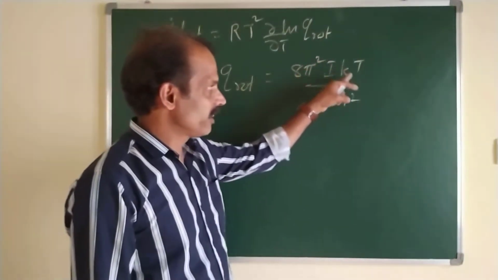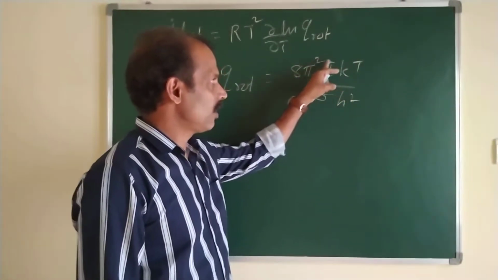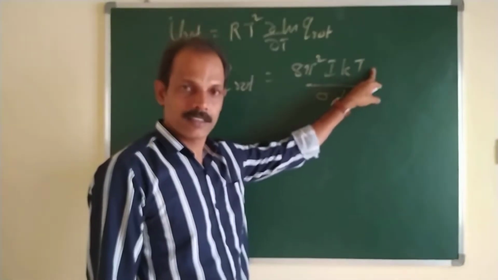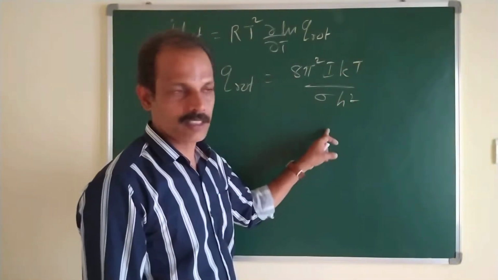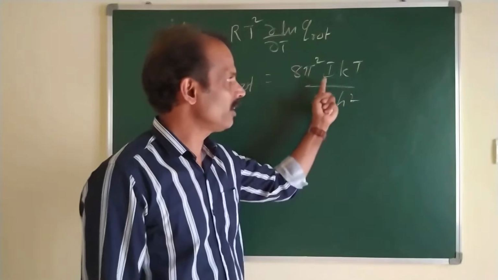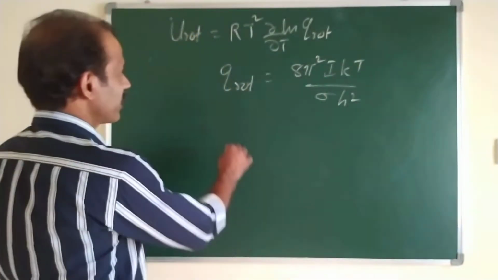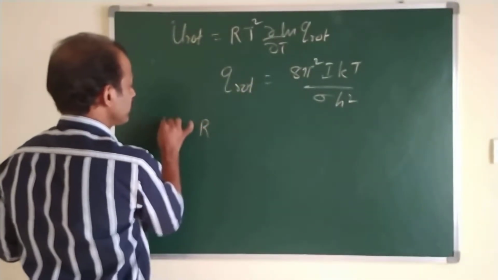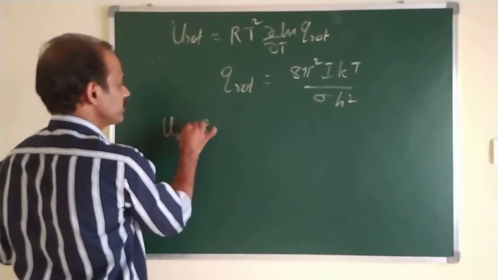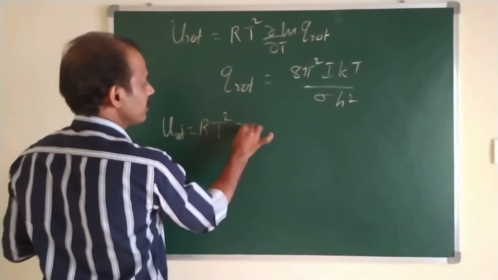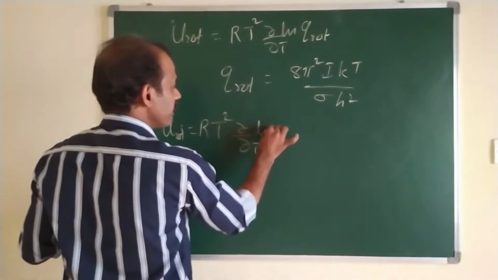When we differentiate these, all the terms except T are constant, so we get a zero value for all these, and we can write U rotational is equal to RT square dou by dou T ln T.